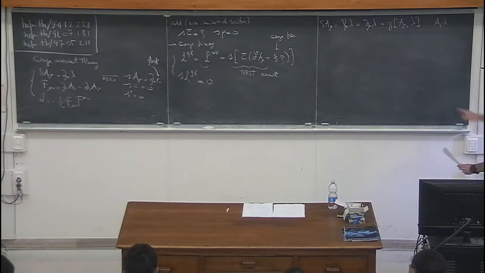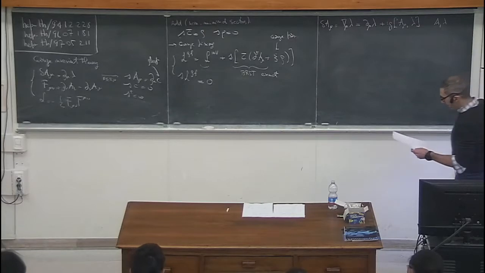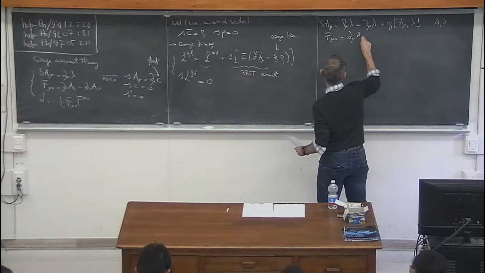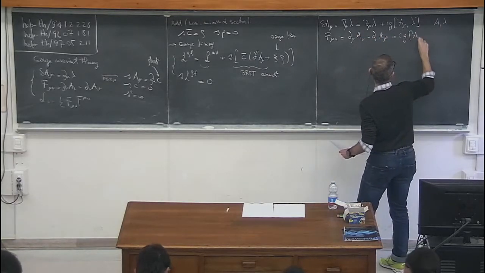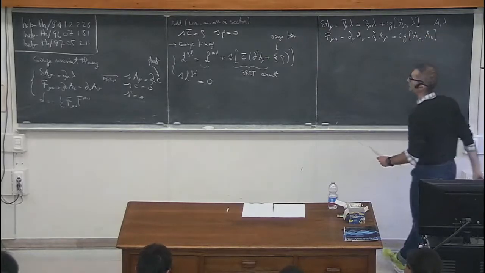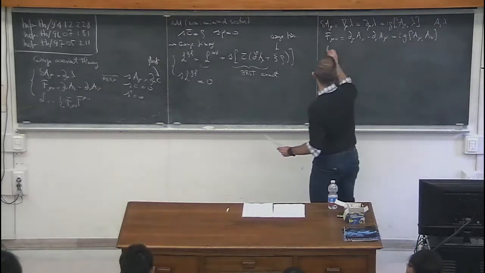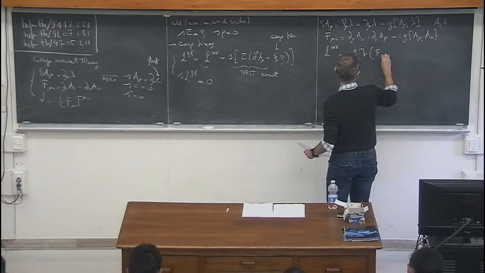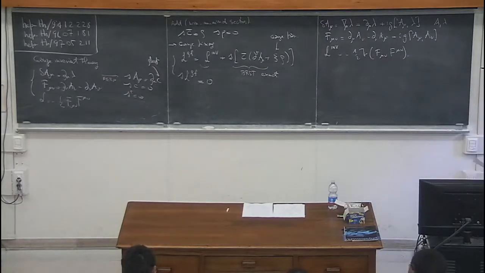So this bracket here is just the Lie algebra bracket. And then we also have the field strength, which has the same structure, but in addition there is one additional term, which is just these non-linear terms in the field strength. And then we have the action again, the invariant action, which is minus half of trace of F mu nu, F mu nu. And we know that this action is invariant under the gauge symmetry.